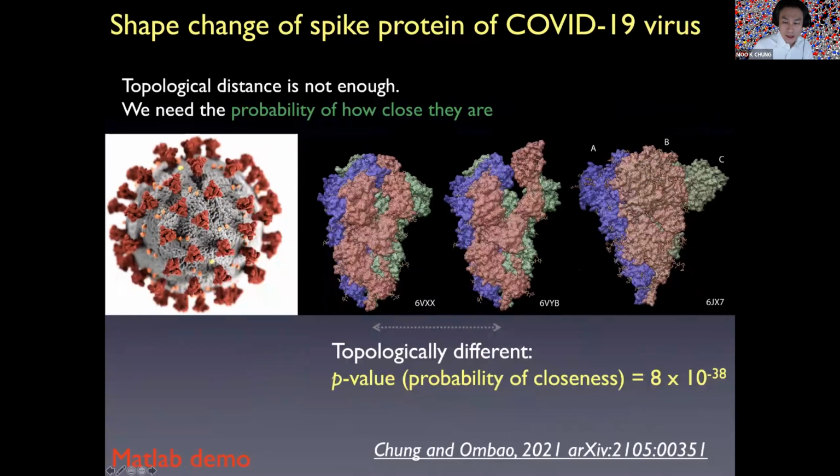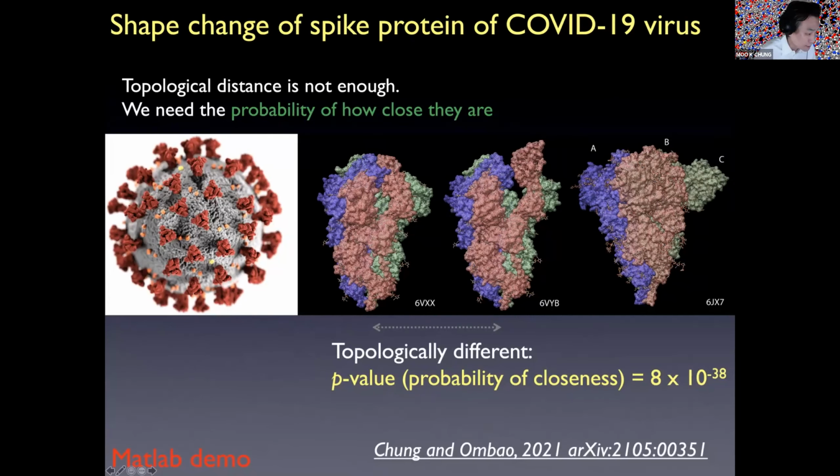So we want to see if there's any topology changes in this closed state and open state. Well, it looks like there's some changing in the actual geometry. We need to know how close they are topologically, but we need to know in terms of property. Why? Suppose you compute the Wasserstein distance between these two objects.